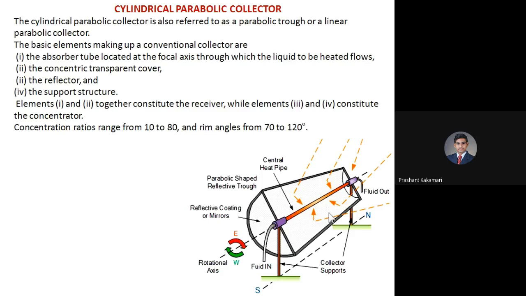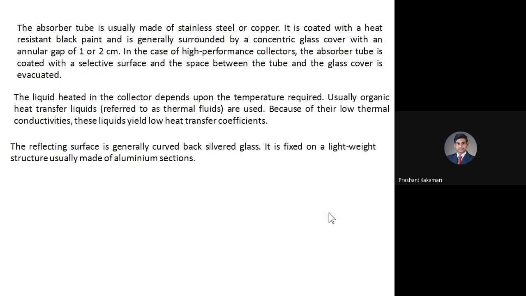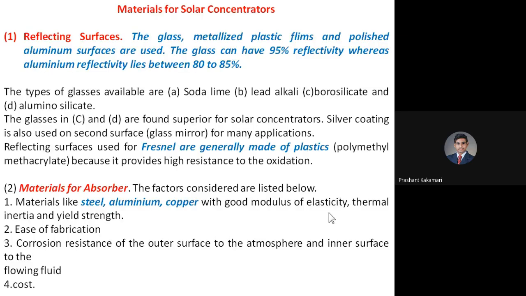And nowadays, in place of glass, because maintenance and handling of this glass is very difficult, to overcome that, one can go for aluminum surfaces, which are polished aluminum surfaces. As you can see outside, some steel surfaces can give some reflections.